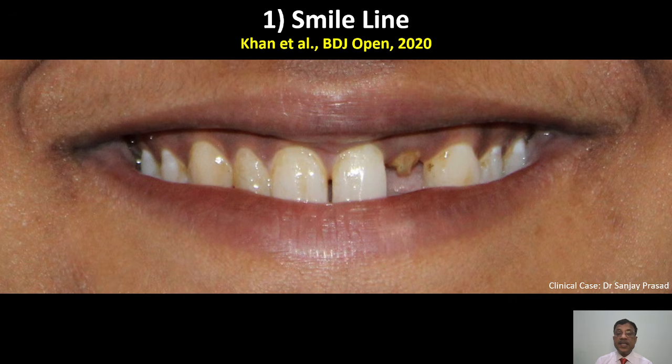Here we can see the smile line is not high. That means the gingiva is not much visible. So this is a favorable condition for placing an immediate implant in the aesthetic region.